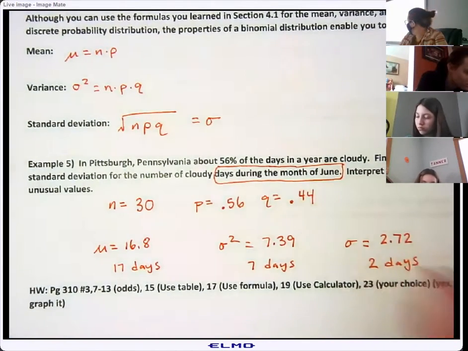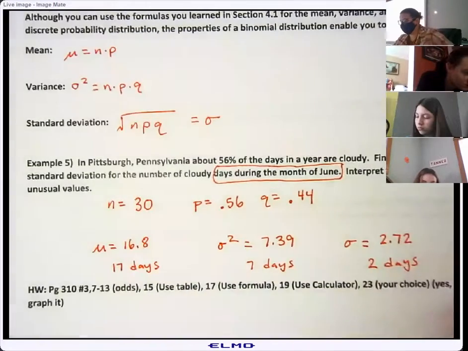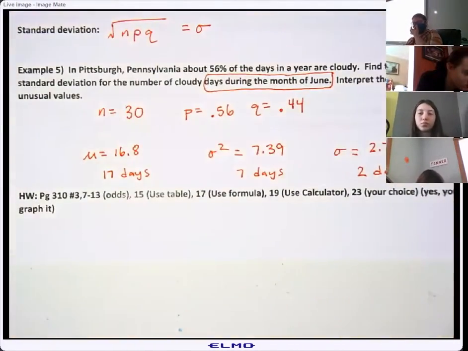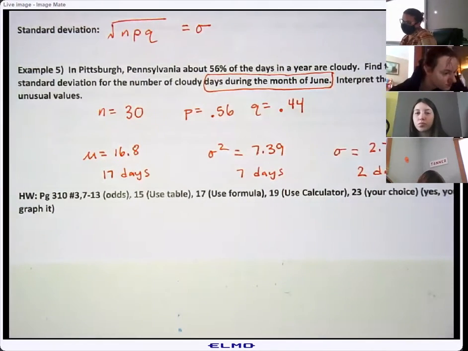And because we're talking about days, for the mean, I got 16.8, but that would be 17 days. That is about how many you would expect to be cloudy.